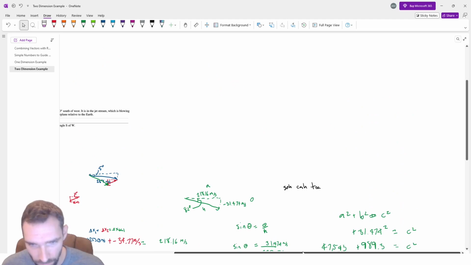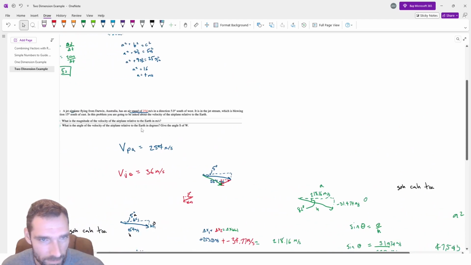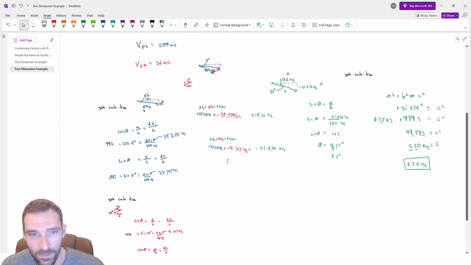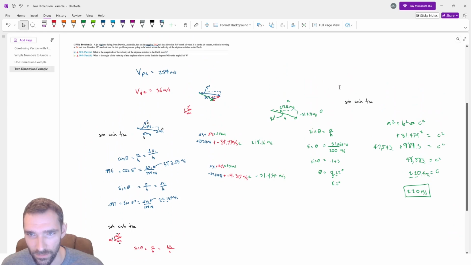So they asked for how far south of west this is. This is actually south of west, so that works out for that problem as well. That's how you would do this problem. Again, you can use the tan function with the opposite and adjacent. That would give you the same degrees, or it should be at least very close. Go ahead and try that as an extension to see how you're doing with it.